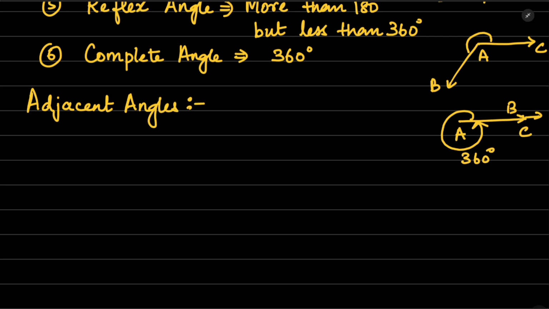Two angles are said to be adjacent if they have a common vertex. Let me draw and then show it to you. This is one arm, this is another arm, and this is a common arm.